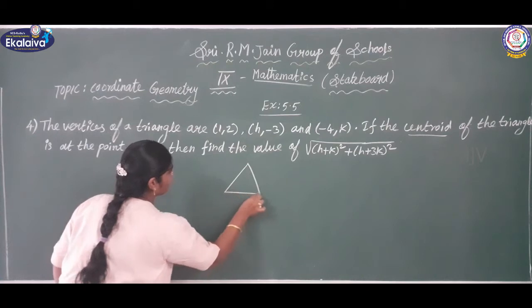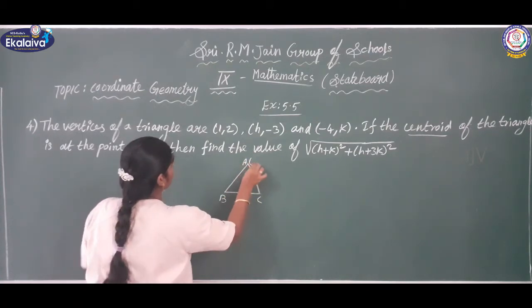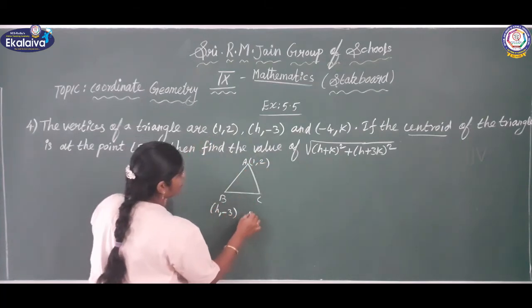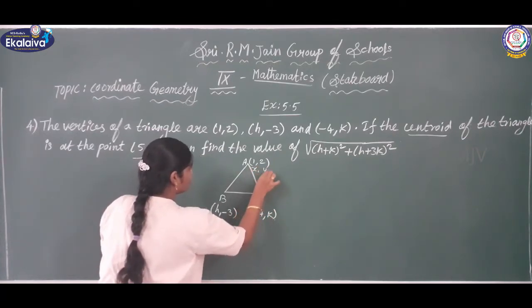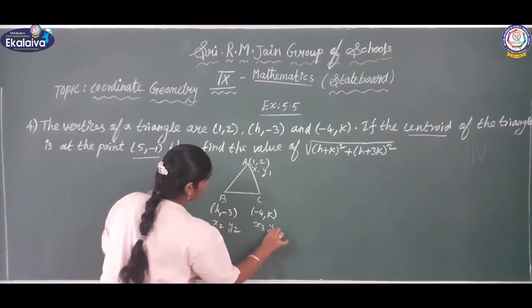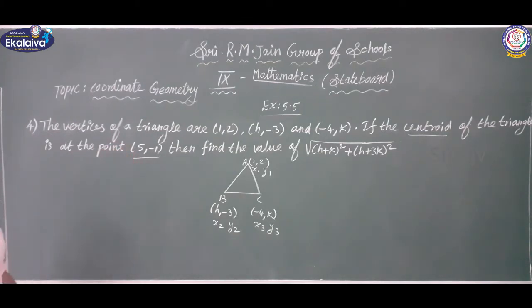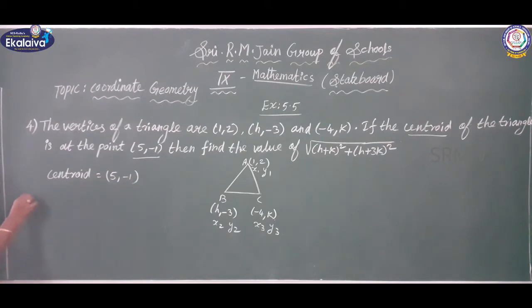Triangle ABC, the coordinates are 1, 2, h, minus 3 and minus 4, k. So this is x1, y1, x2, y2, x3, y3. First we need to find out the h and k value. Here centroid is given. Centroid equal to 5, minus 1. Write the formula children.